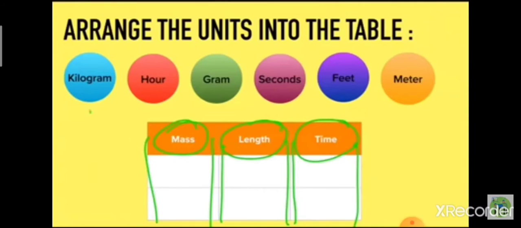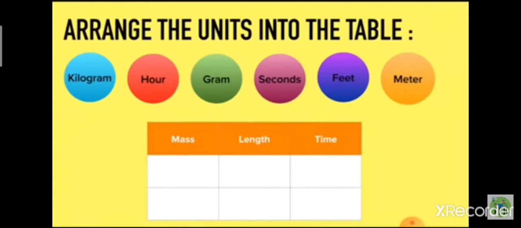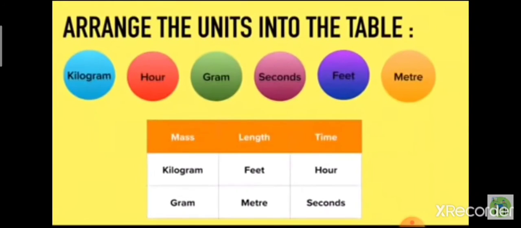What you have to do is pick up the unit and place it in the right table. For this activity you can pause this video and try to think which unit will come in which table, and here your answer should look like this.